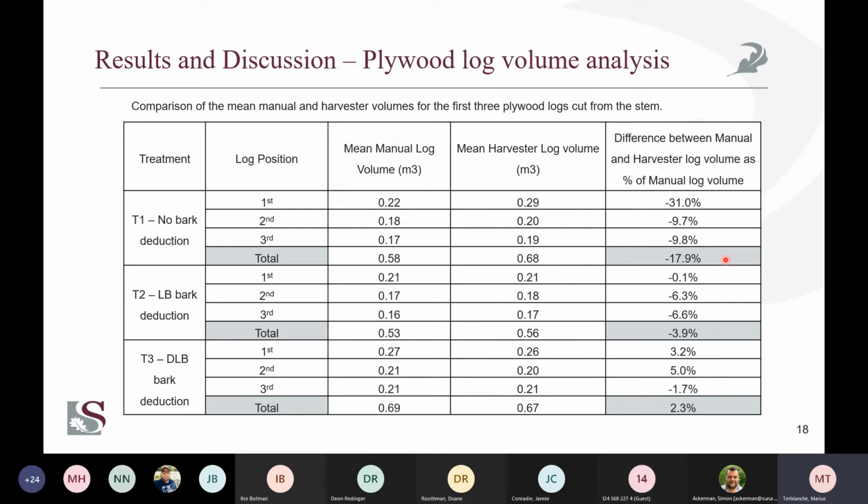So overall, for those first 3 logs, if you don't use a bark deduction method and just use the harvester's over bark measurements, you are overestimating your volume by about 18%. And this was improved to a 3.9% overestimation and then a 2.3% underestimation with the bark deduction methods we used on the harvesters.